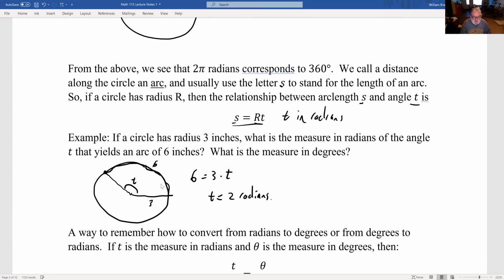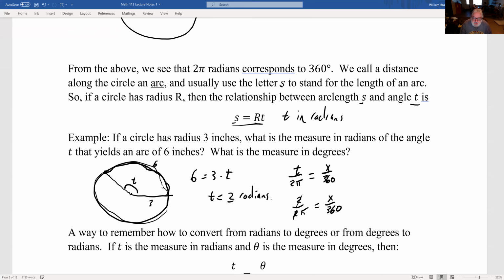And you can convert radians to degrees. There's 2 pi radians in a circle, because the circumference of an entire circle is 2 pi r. And there are 360 degrees in a circle. So if T is 2 radians, that means we must have 2 over 2 pi equals x over 360, where x is the measure of the angle in degrees.